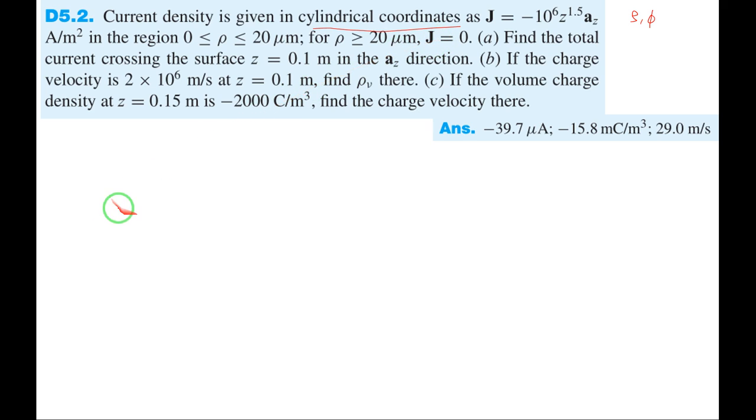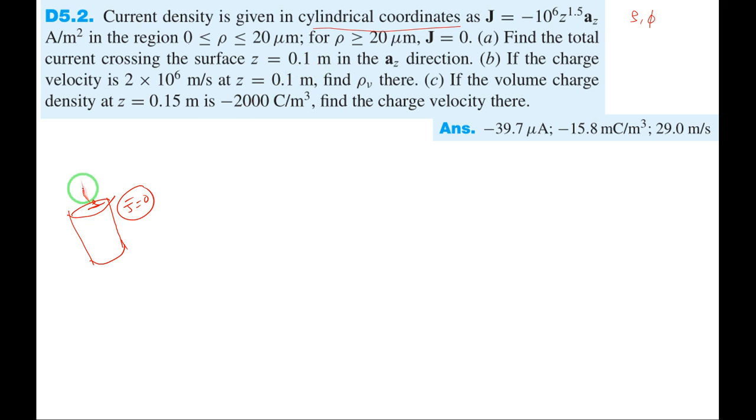See here, cylindrical coordinates, I just made it slant here. This is radius rho. If rho is varying from 0 to 20 micron meter, then for rho greater than 20 micron meter, J is 0 outside. That means current density exists within this given volume or closed surface, outside which it is 0. Find the total current crossing the surface Z equal to 0.1 in the Az direction.